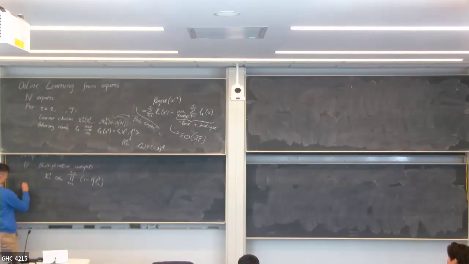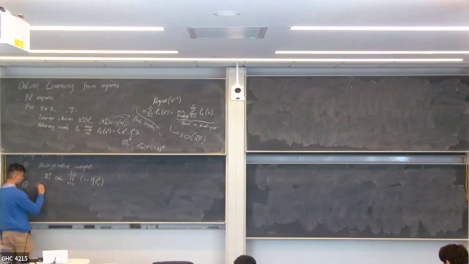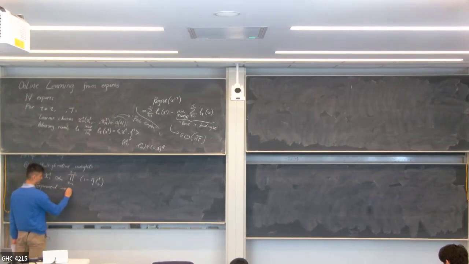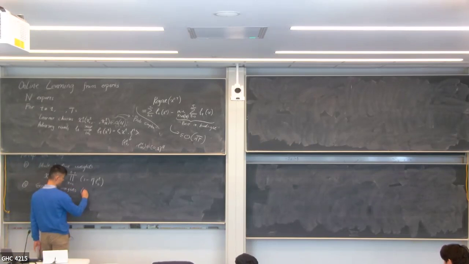The other algorithm, sometimes it's confusing in the literature because it is also sometimes called multiplicative weights, but let's call it exponential weights. Sometimes it's called Hedge.